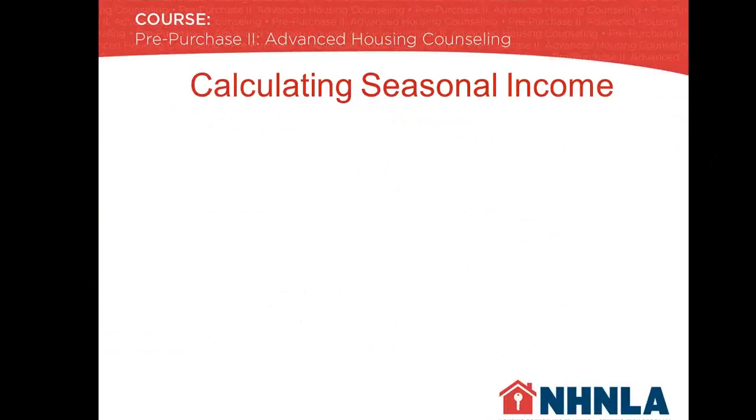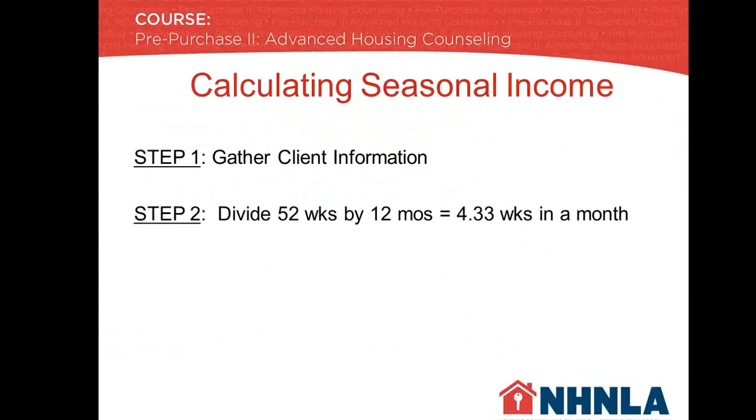We'll take a moment here on this slide to go through the steps in calculating seasonal income. In step 1, you gather the information you need for the calculation. In step 2, divide the 52 weeks in a year by 12 months, and you'll find that there are an average of 4.33 weeks in a month.